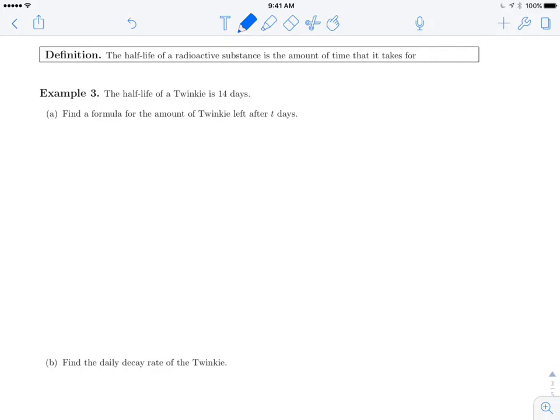All right, so here's an easy way to start a problem like that. Again, we go back to the Q equals A B to the T format, and we don't know what the initial amount of stuff is, like in this case maybe the grams of a Twinkie, but we can do 100 as a good initial value.